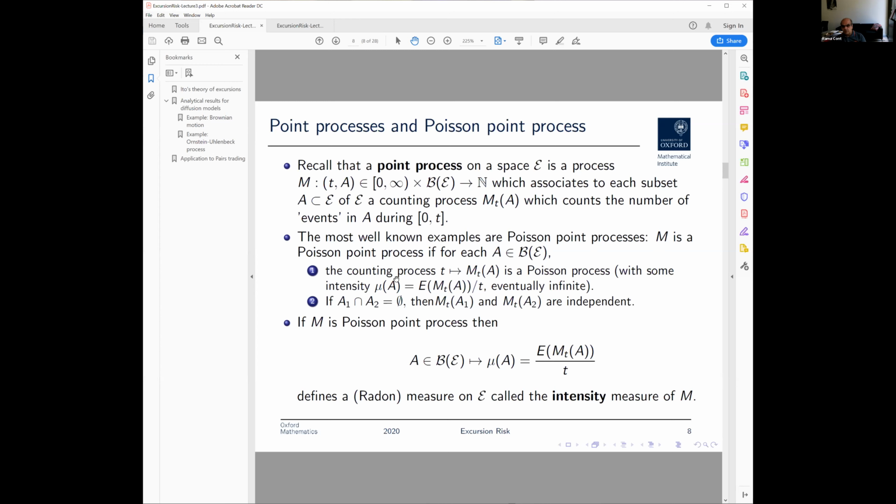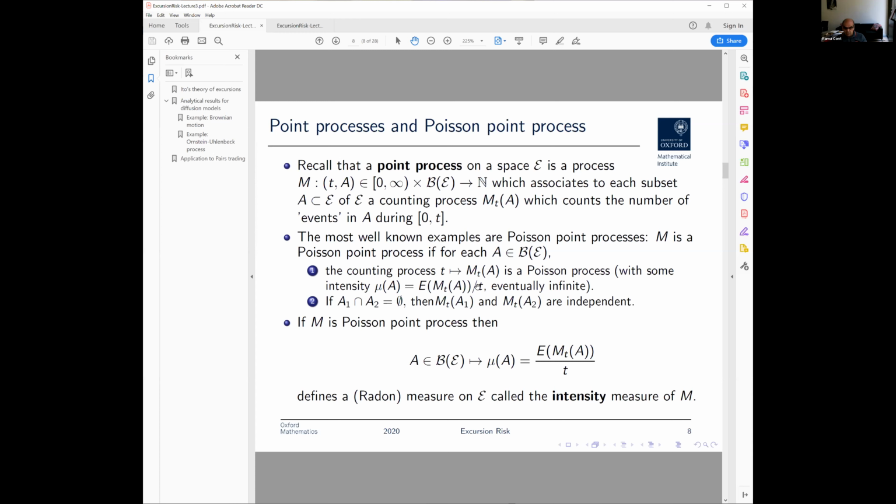For a Poisson process, the intensity can be defined as the expectation divided by t. If you have a Poisson process with intensity lambda, the expectation at time t is lambda t. So you can always define the intensity as the expectation of the Poisson process divided by t.